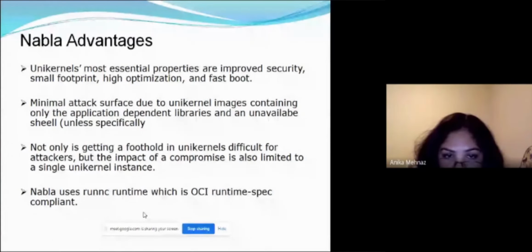Not only is getting a foothold in unikernels difficult for attackers, but the impact of a compromised system is also limited to a single unikernel instance. And Nabla uses the runnc runtime, which is OCI runtime spec compliant.